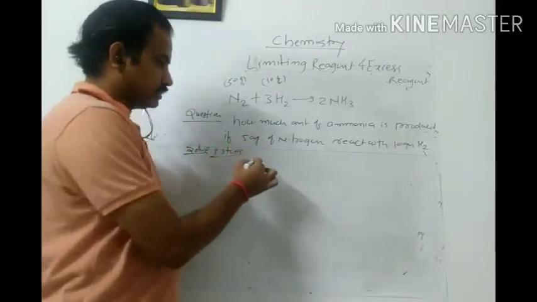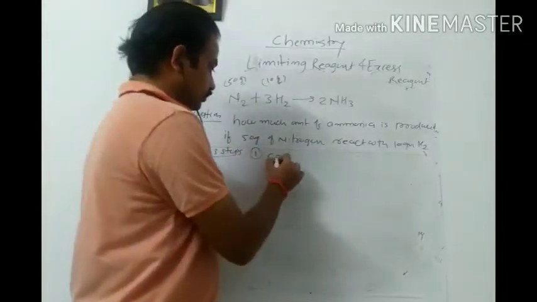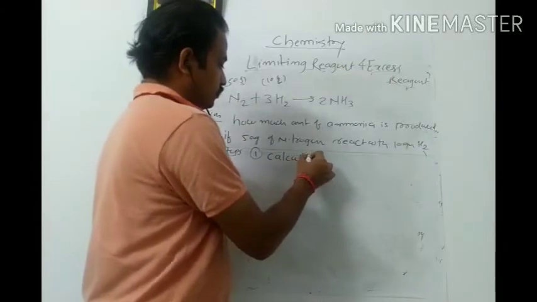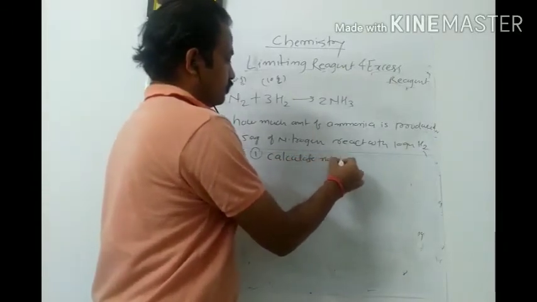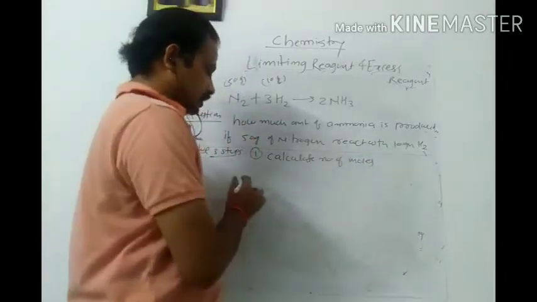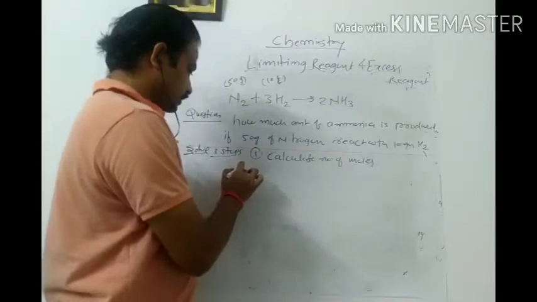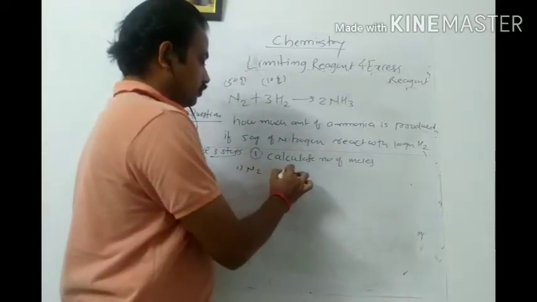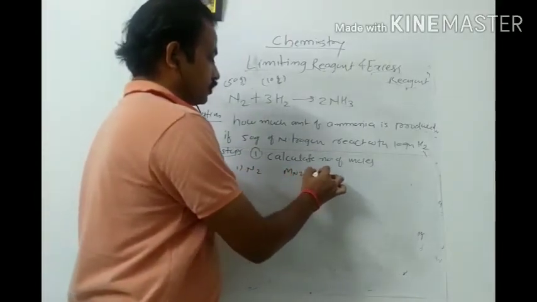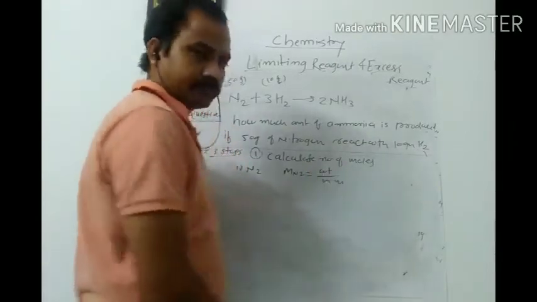Let us discuss the first step: calculate the number of moles. Let us first calculate the moles of nitrogen. Number of moles of nitrogen is given by the simple formula, weight divided by molecular mass, isn't it?